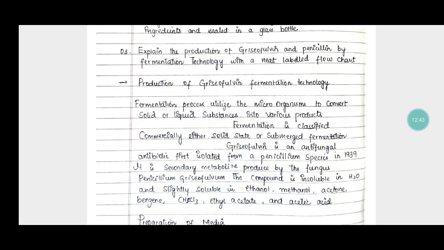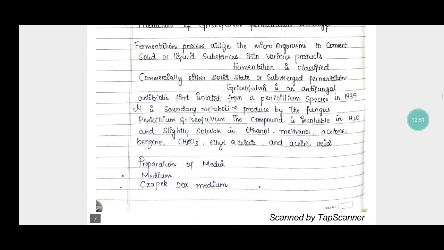Fermentation is classified commercially as either solid state or submerged fermentation. Griseofulvin is a compound that is insoluble in water and slightly soluble in ethanol, methanol, acetone, benzene, ethyl acetate and acetic acid.